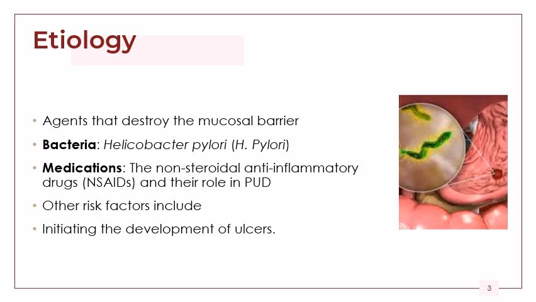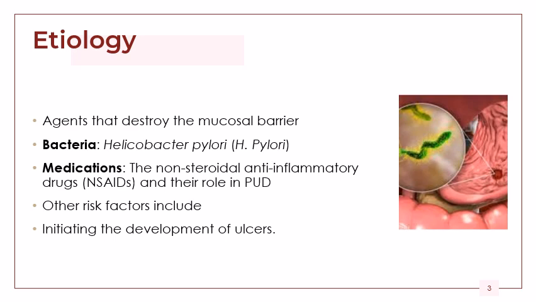Helicobacter pylori, or H. pylori, which is responsible for 90% and 70 to 90% of duodenal and gastric ulcers, respectively. Medications such as the non-steroidal anti-inflammatory drugs, this class also causes PUD and is the most common cause.